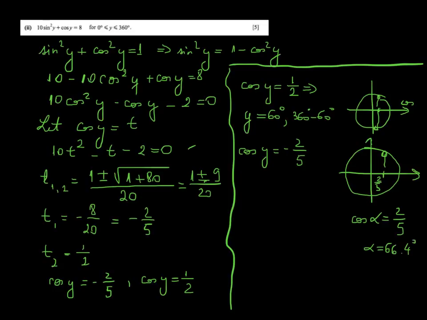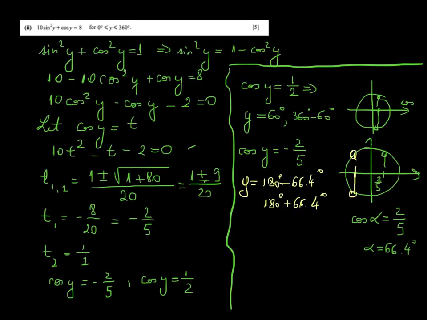The angles that I need, with a negative cos, are in the second and in the third quadrant. So y is 180 minus 66.4 or 180 plus 66.4 degrees.